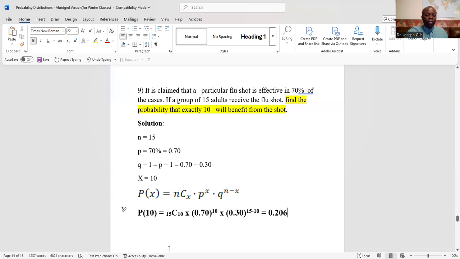We have, let me write the npq out. Our n is 15, our p is 0.7, our q is 0.3, and our x is 10.